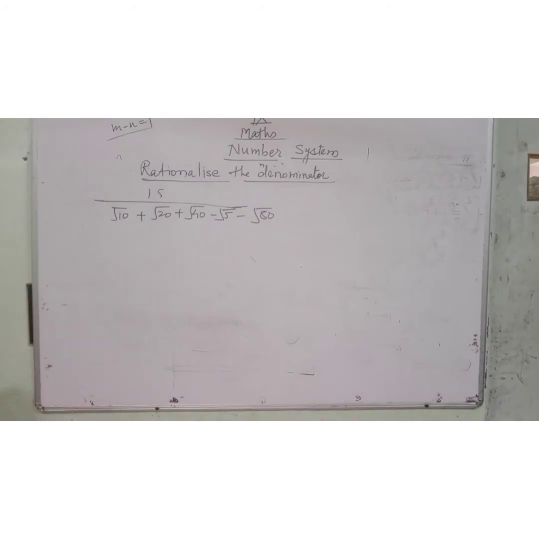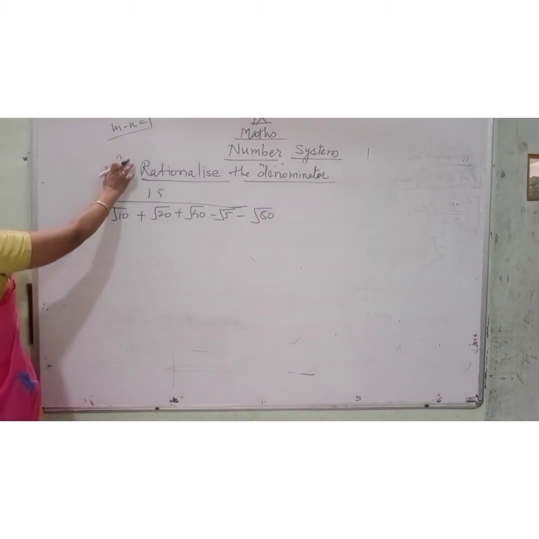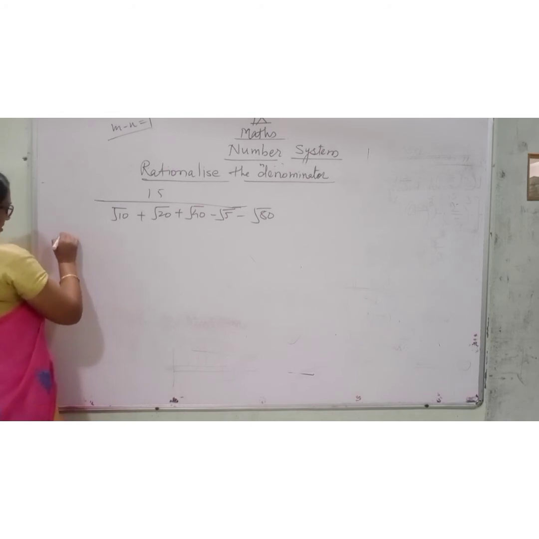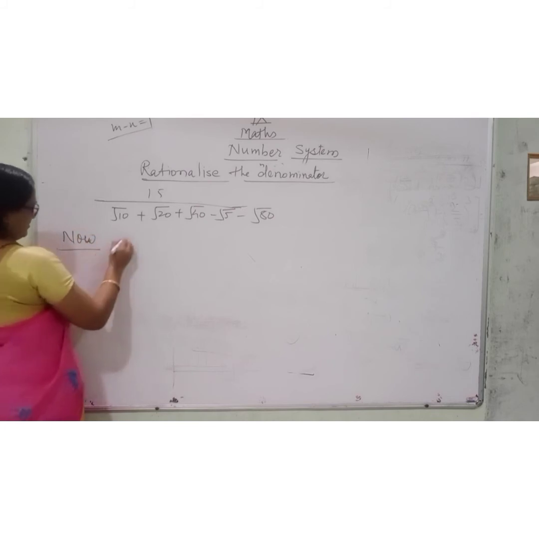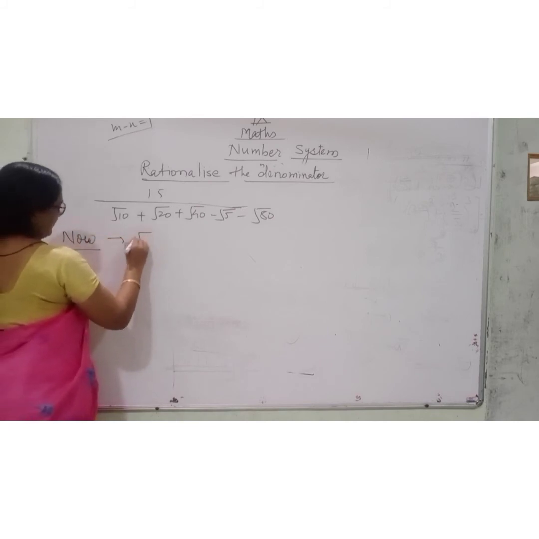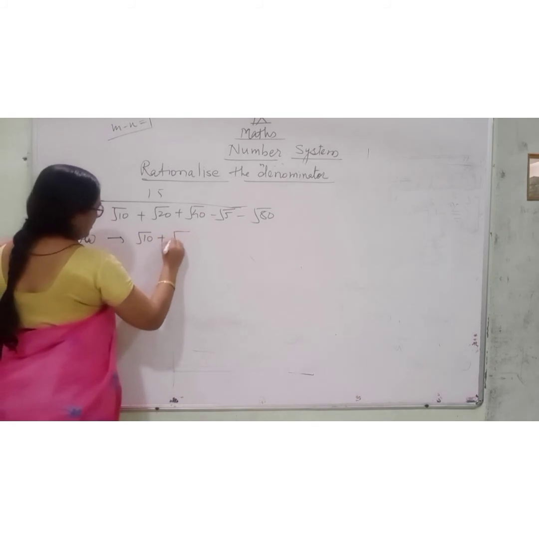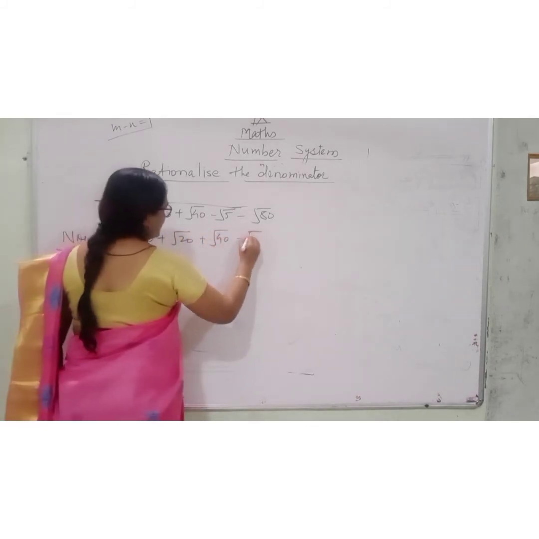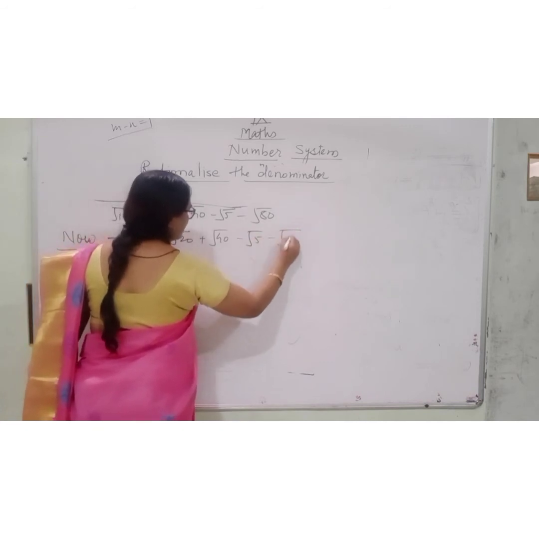Another question. Rationalize the denominator. 15 upon root 10 plus root 20 plus root 40 minus root 5 minus root 80. So now we are thinking only about the denominator. Root 10 plus root 20 plus root 40 minus root 5 minus root 80.